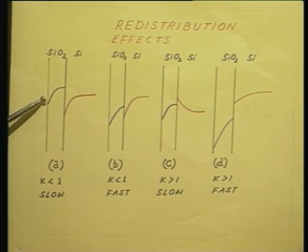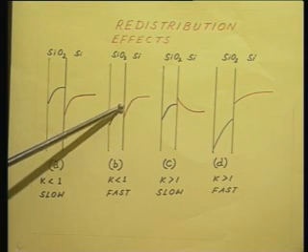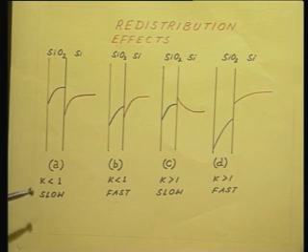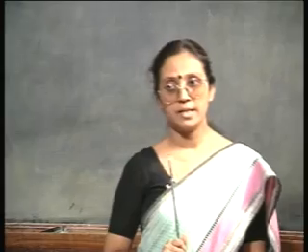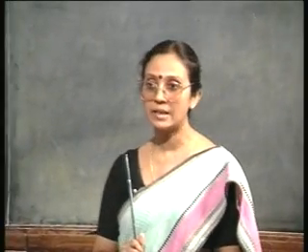In the first case, when the diffusion was slow, you have seen that the boron concentration remains more or less constant in the oxide, only towards the surface it starts falling. Here you see, however, that it is diffusing fast out, right. Let us now consider a case where the segregation coefficient is greater than 1.